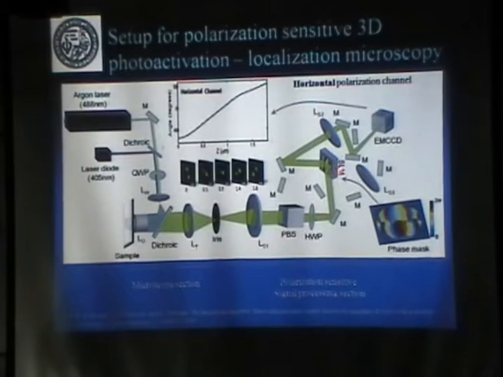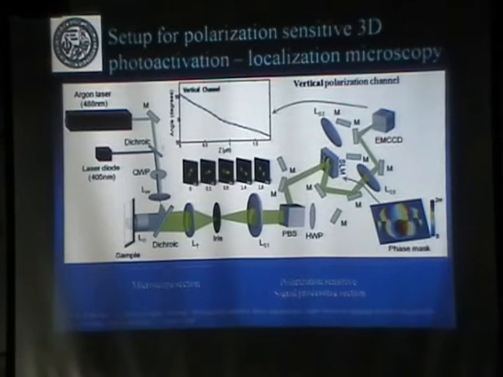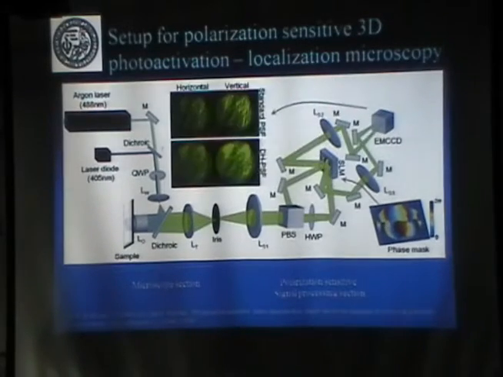So one polarization goes through the spatial light modulator and to the camera, and the other polarization is the same. So we have 2 different paths to do the same, but now we use a wave plate to rotate the polarization. So this gives you more efficient use of the photons, and also gives you more information about the polarization states.